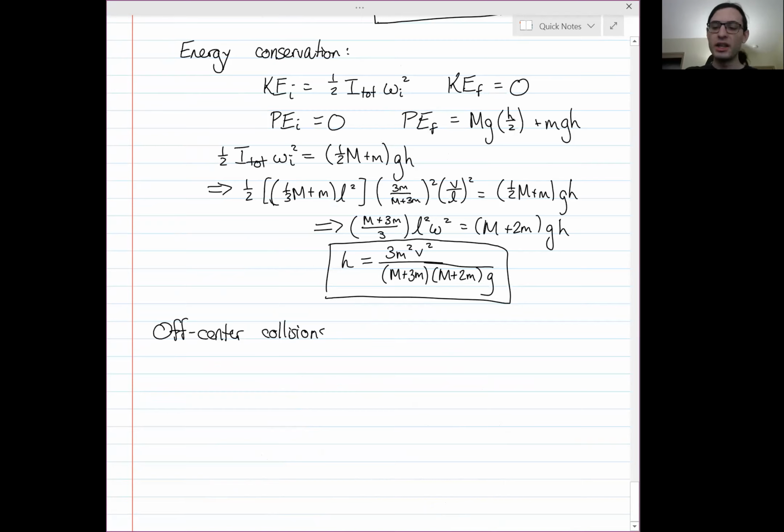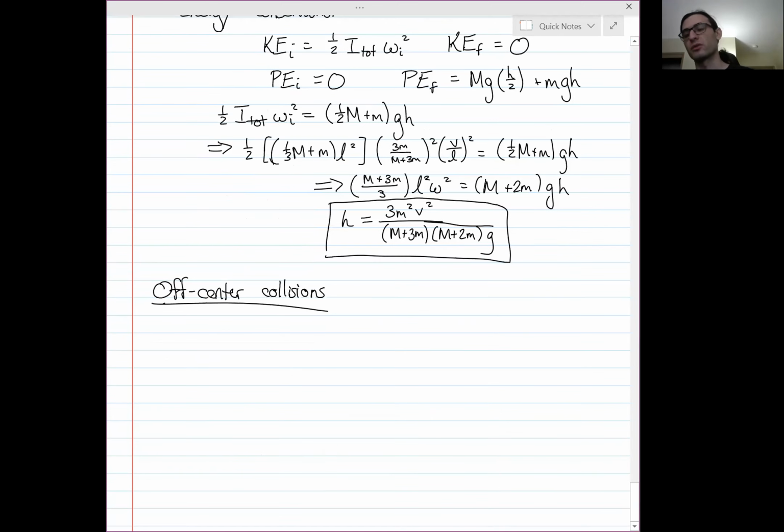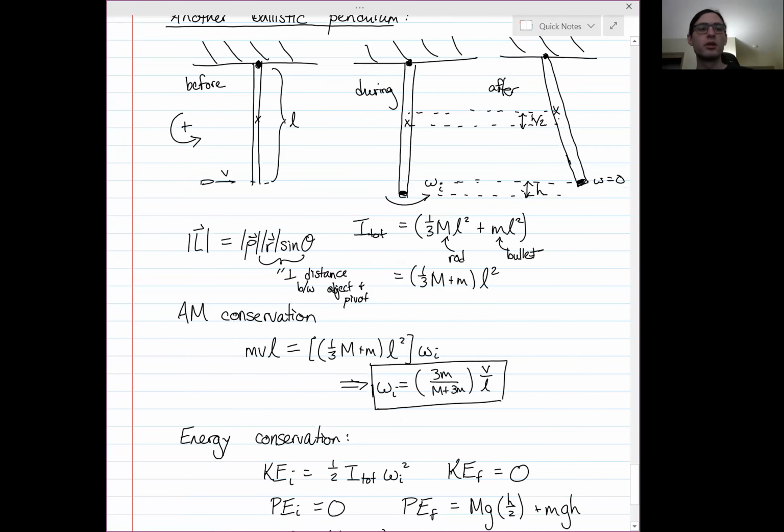In the example above, there are two external forces from the pivot, a force going up and down and a force going left or right. But if we take that pivot away, then we basically just have a collision where the bullet hits a floating rod and there are no external forces. That is just a standard collision, but the objects are colliding off-center rather than having their centers of mass collide like we had in the past.